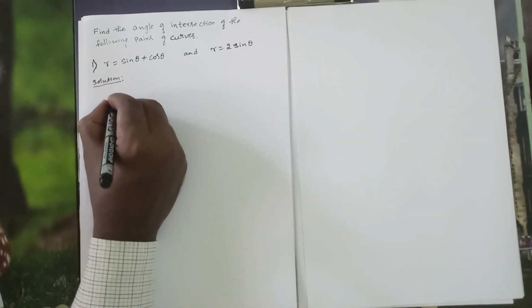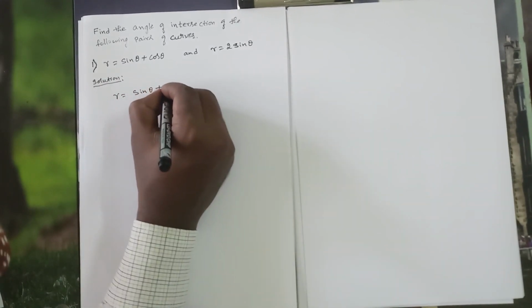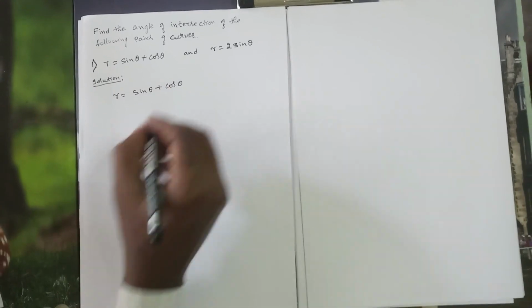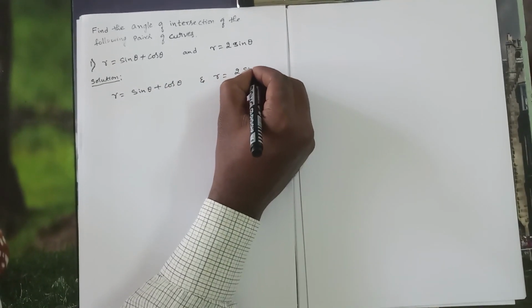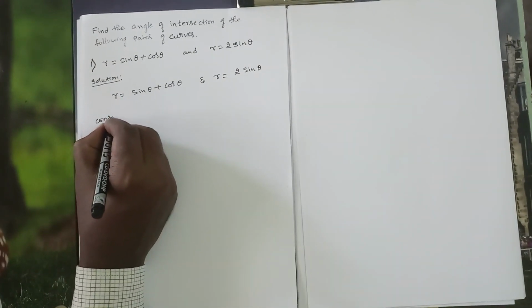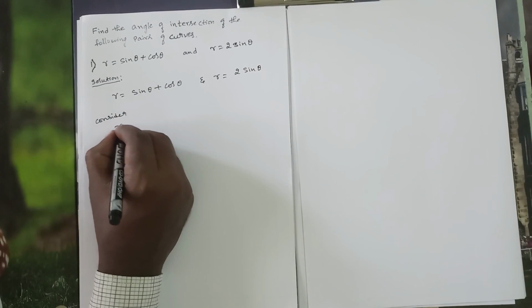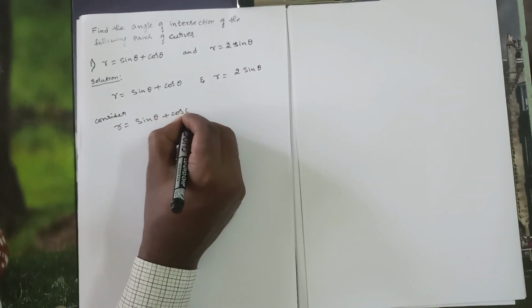Here, what they given? R equals sin theta plus cos theta, and another one is R equals 2 sin theta they given. So I will consider the first curve, R equals sin theta plus cos theta.